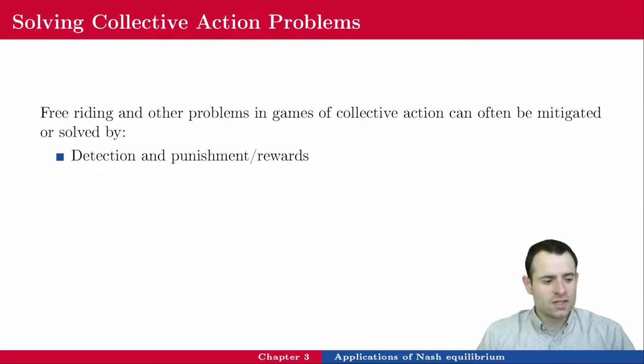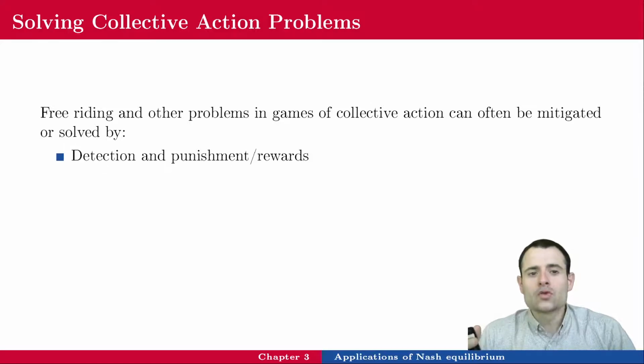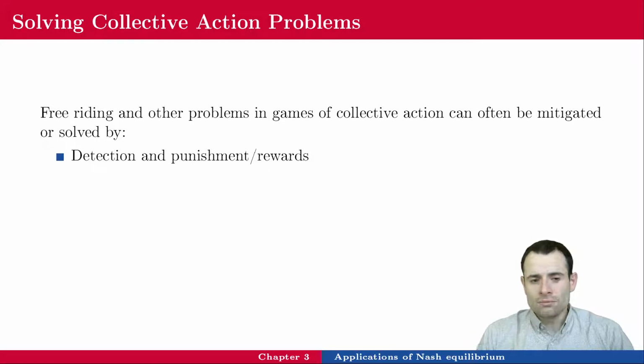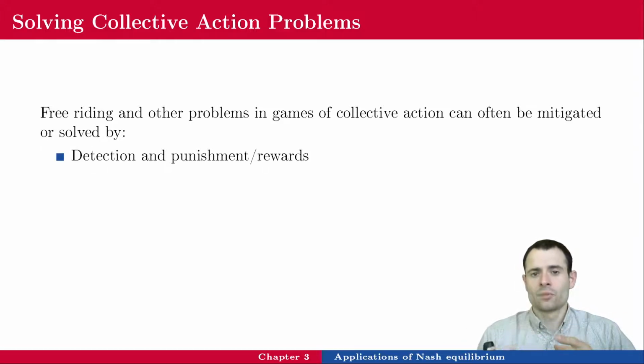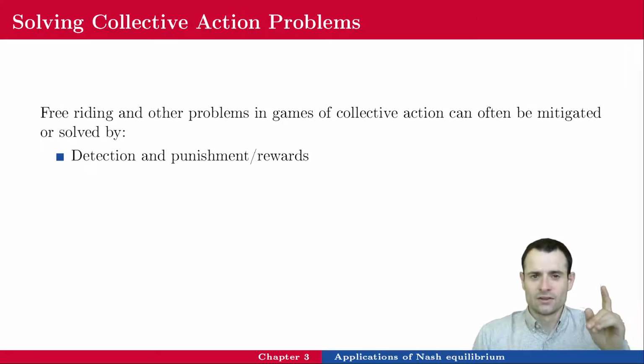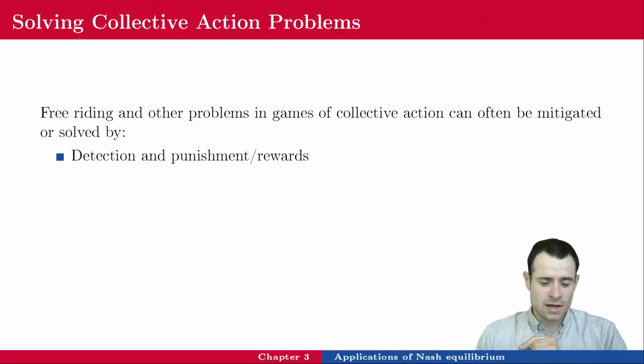So let's finish this lecture with how to solve those problems. Free riding and other problems in games of collective action can often be mitigated or solved by detection, punishment, rewards. And remember that the fewer people there are for the provision of a public good, the easier it is to detect the ones who don't contribute.